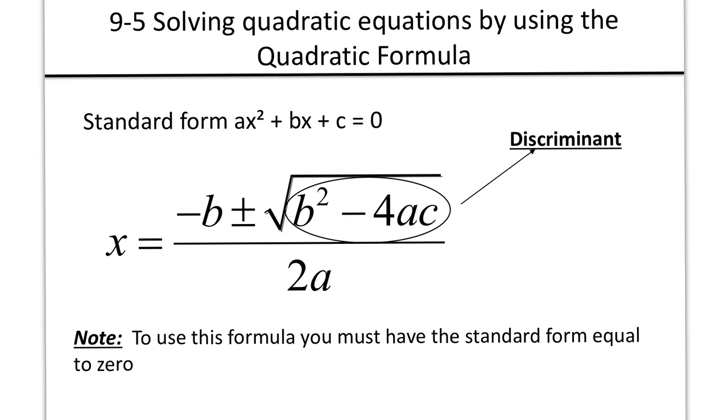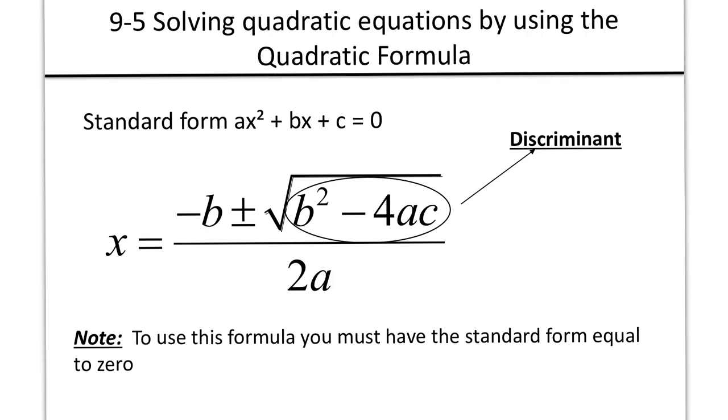There are 3 options: no real solutions, 1 real solution, or 2 real solutions. I'm going to talk about the discriminant today as well, and look for the type of real solutions and how many, and then we are going to actually find the solutions.